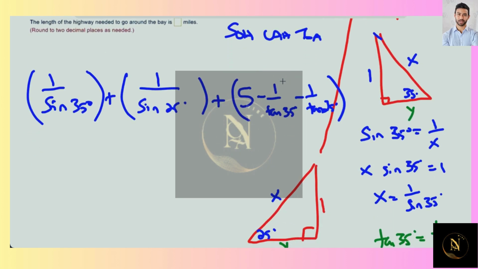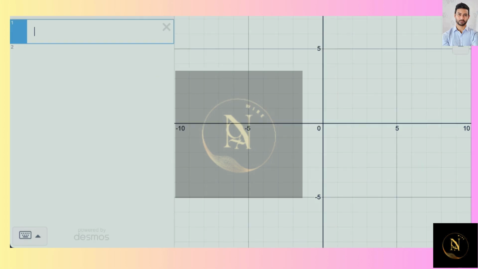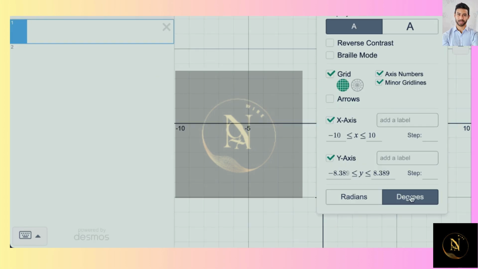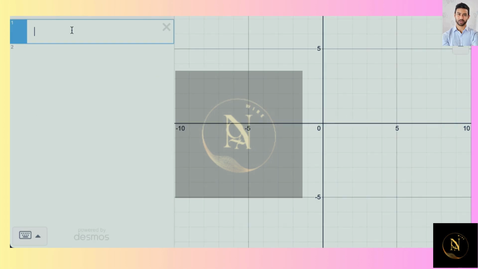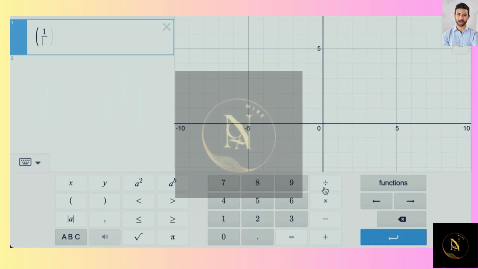Rounding to 2 decimal places on a calculator, make sure you are in degree mode, and you can put it in as I see it: 1 over sine 35, plus 1 over sine 25.